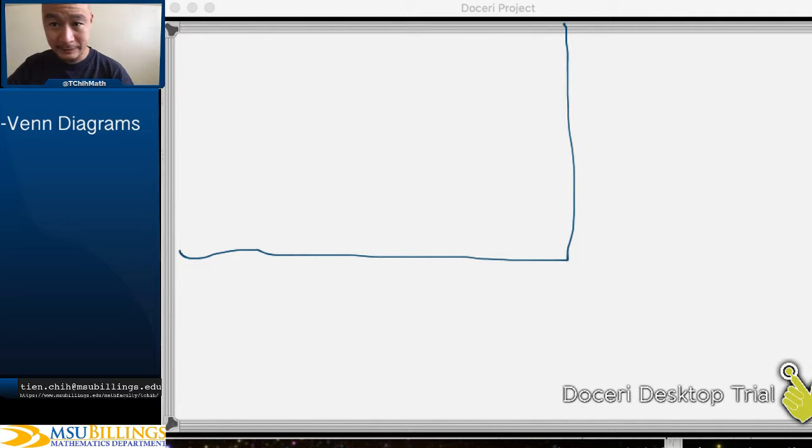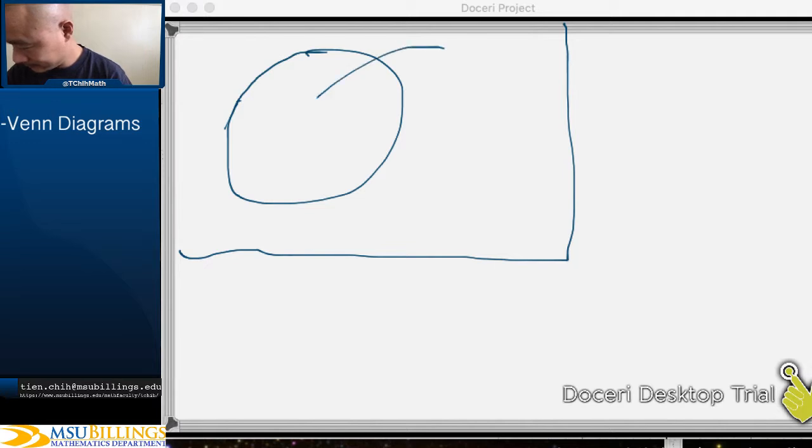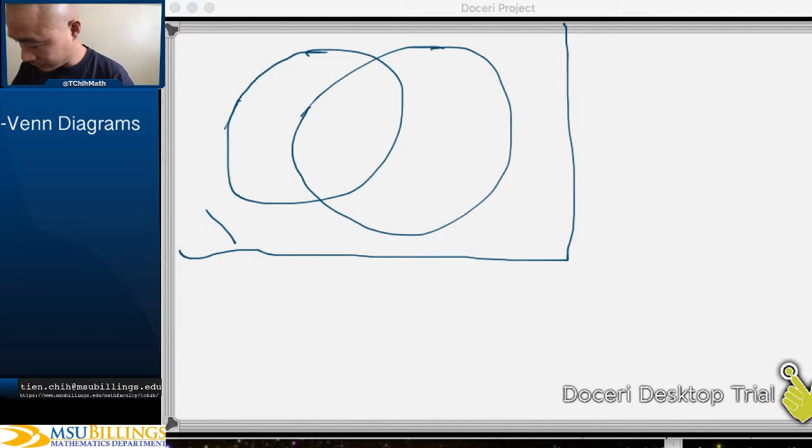So here's our two circles, and let's say this is x over here, and let's say this is y over here. All right, and let's say we're given some information about x and y. So this is just a problem in the abstract.